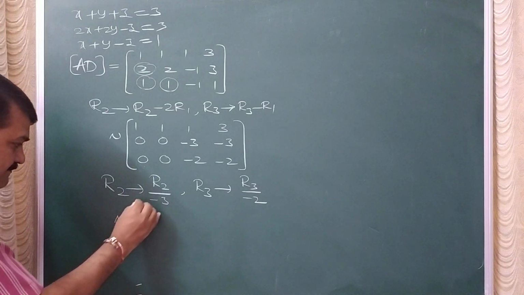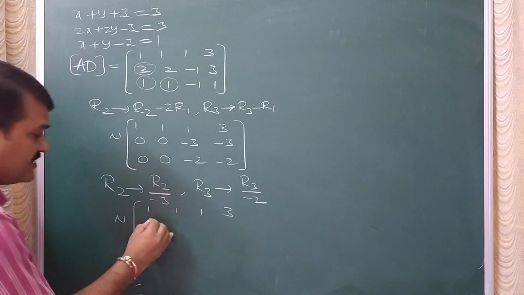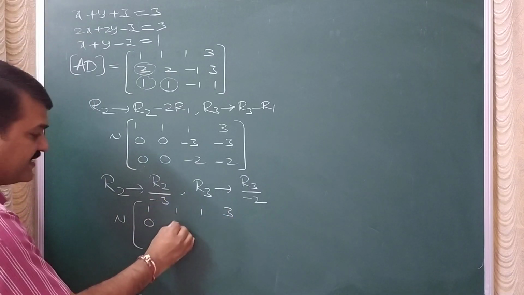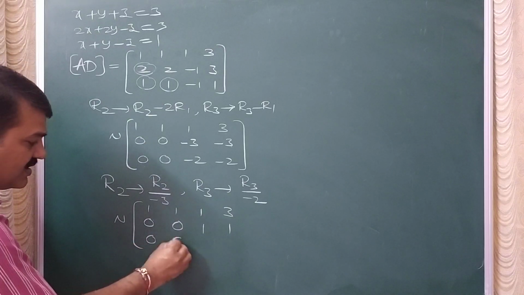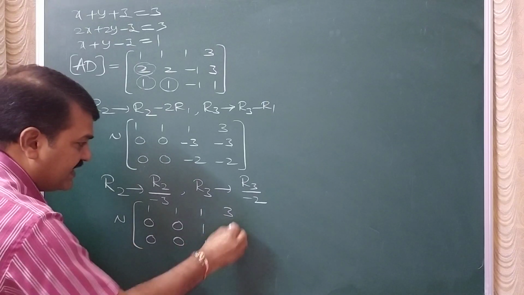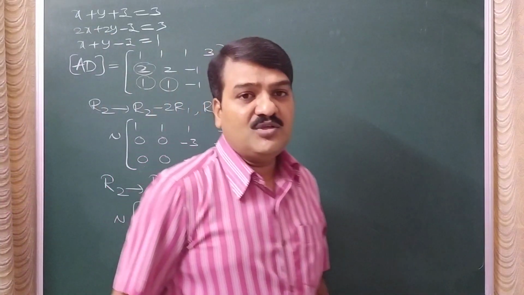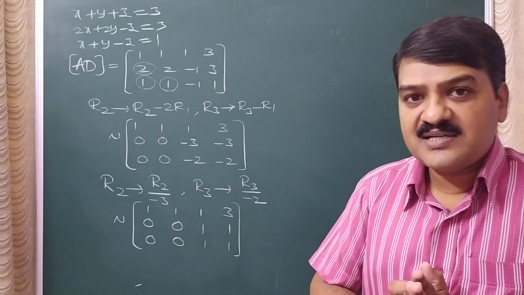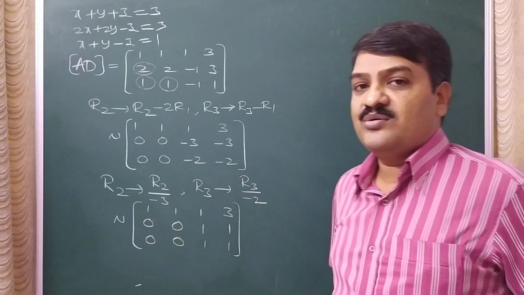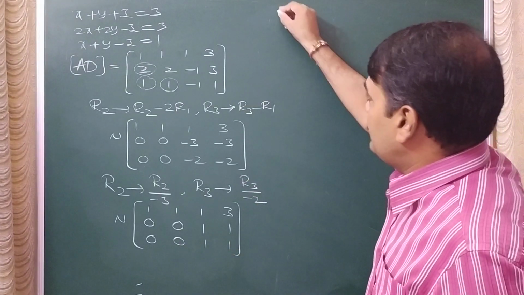So the first row is same, the second row divided by minus 3 you will get like this, the third row divided by minus 2 you will get like this. Clearly you can see that R2, R3 are same. Whenever two rows are same, you are definitely going to get infinite solutions. That means the system is going to be consistent.